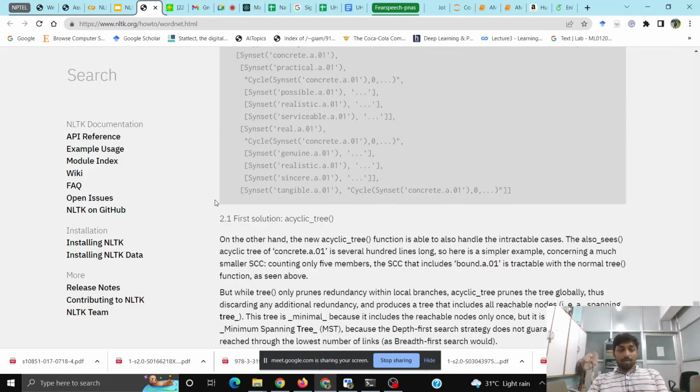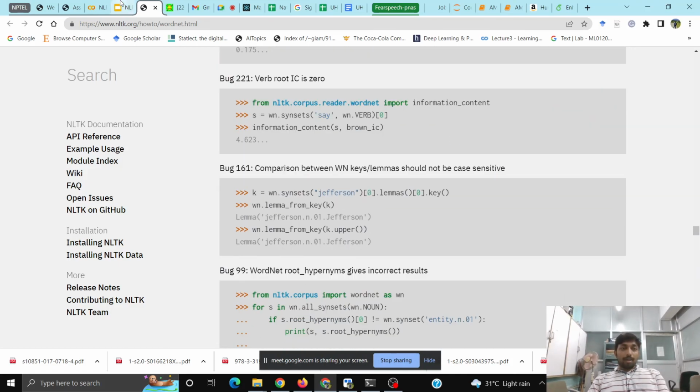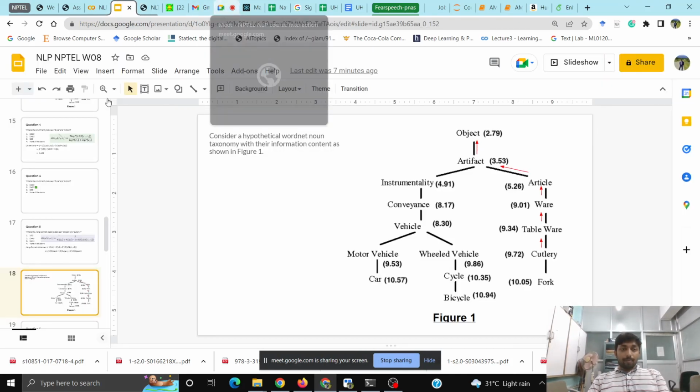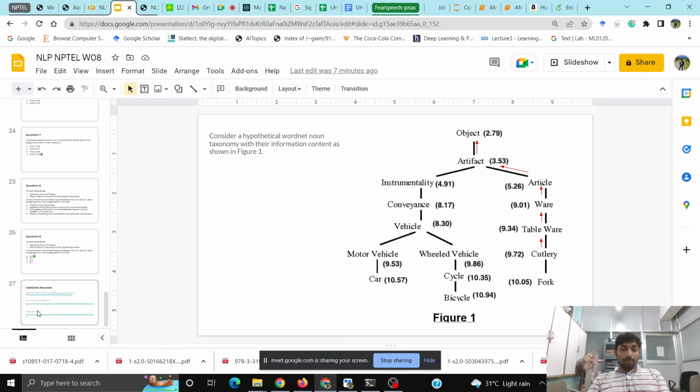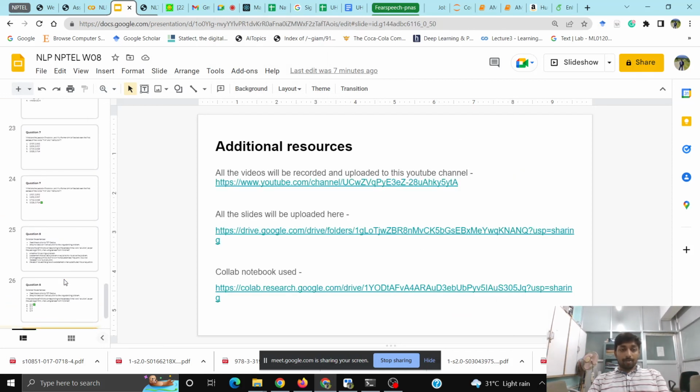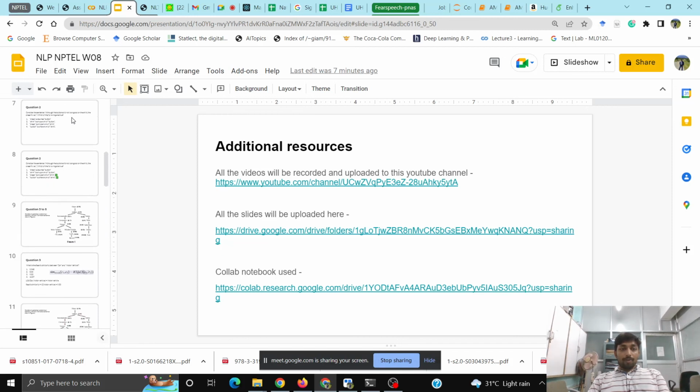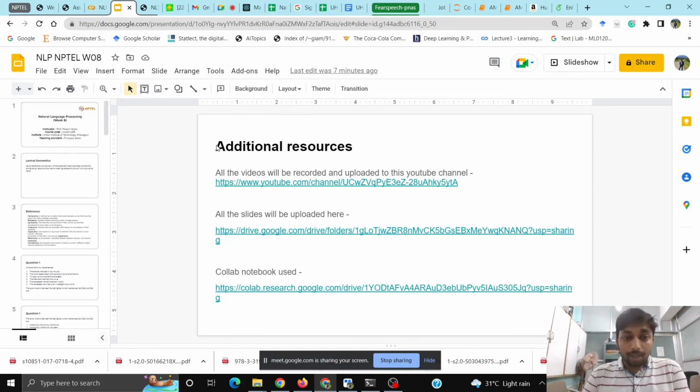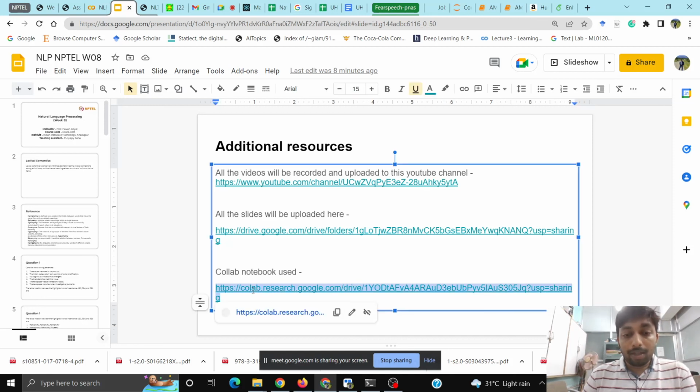And then there are different tests. So this is the overall part, a bit of practical experience as well. I will share the notebooks and video slides. The notebooks will be added in the last slide, so you can check that.